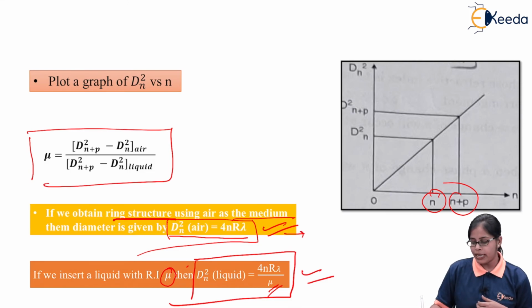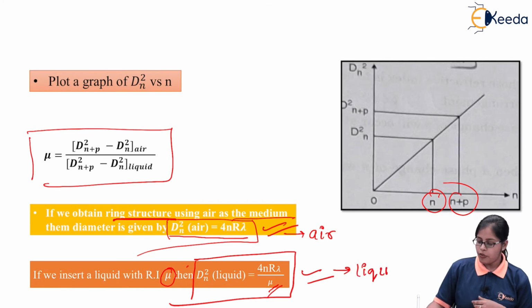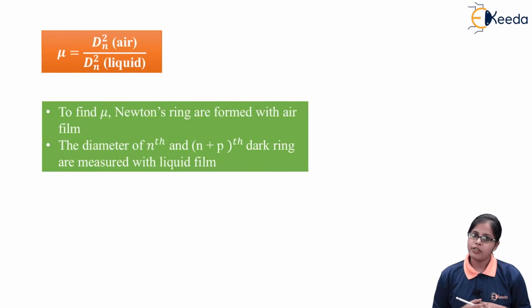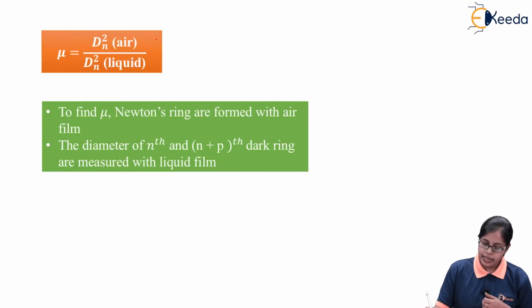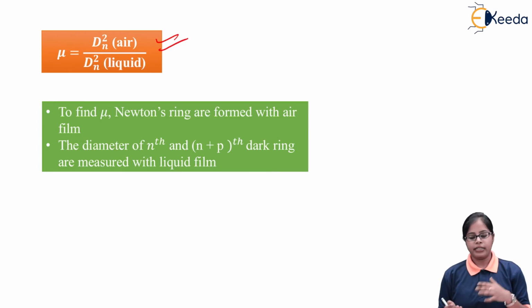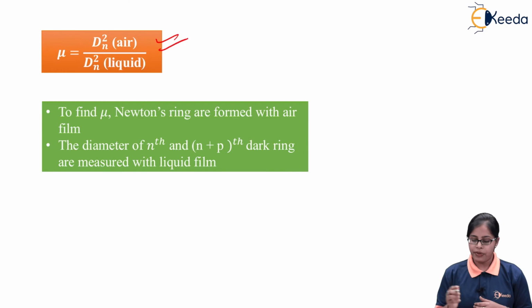The first one is applicable for air and the second one for any liquid having refractive index mu. If I divide the diameter of the nth ring in air by the diameter of the nth ring in liquid, we can again obtain the refractive index of the liquid.